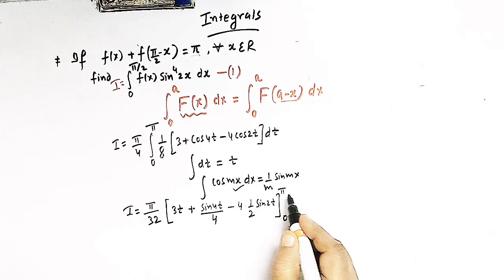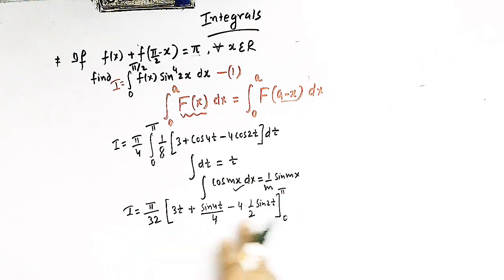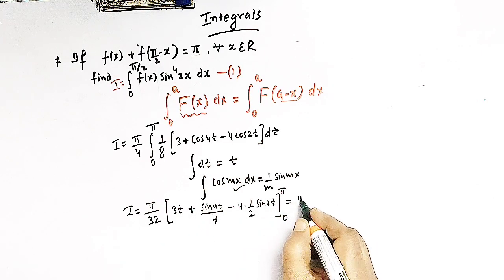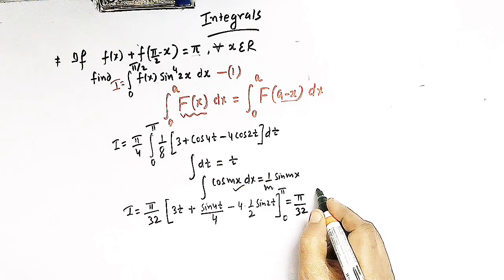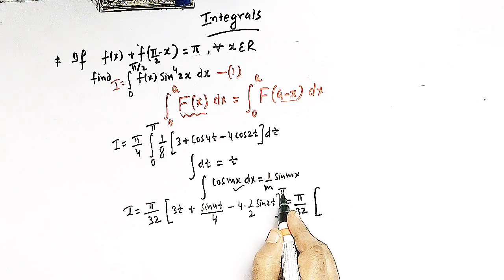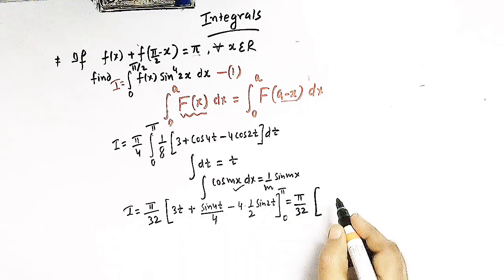So now let us substitute the limits, and we'll take the difference. So we have pi over 32, and first we'll take t is equal to pi in this expression.